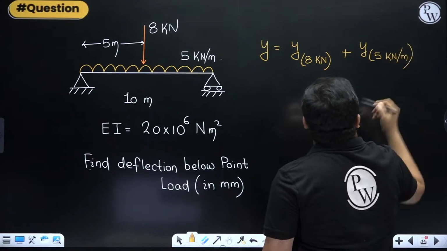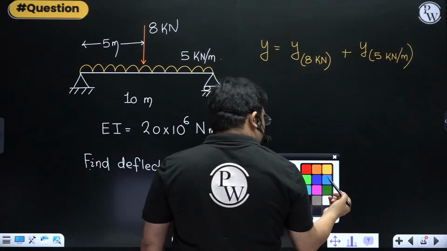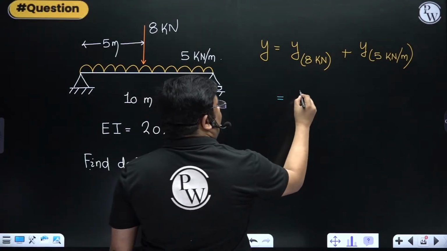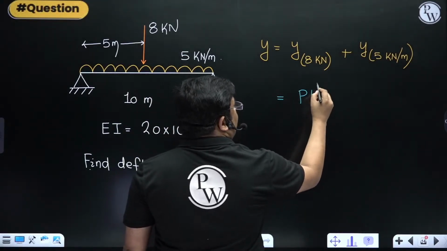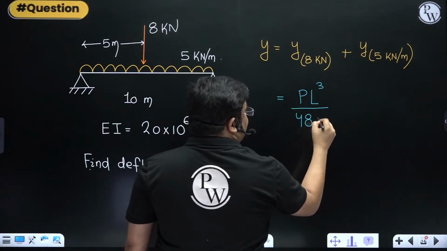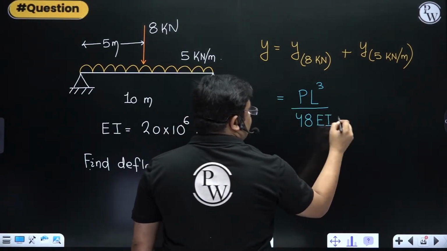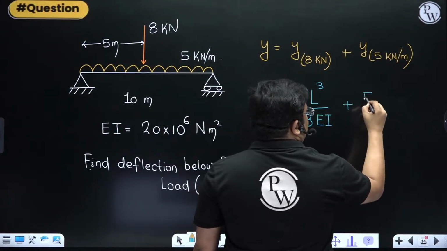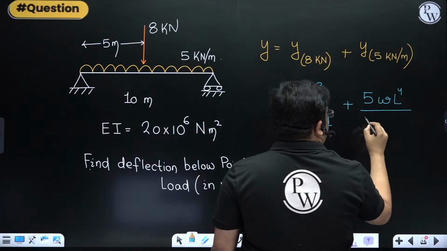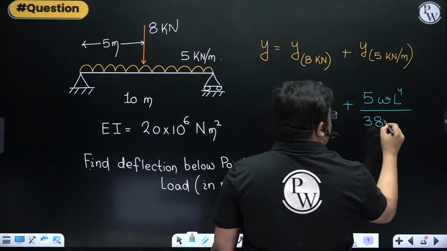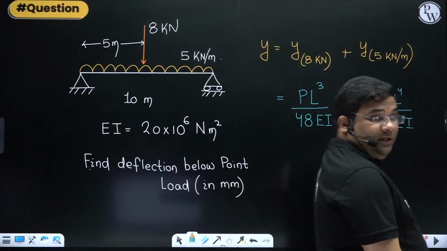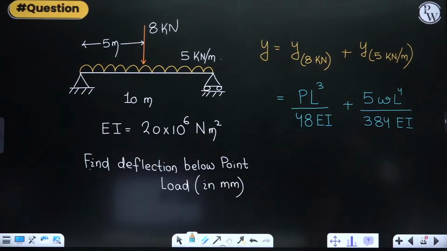Now what are the formulas we use? The formulas are important. You should know the formula. So this becomes PL^3 by 48 EI, and this was 5WL^4 divided by 384 EI.